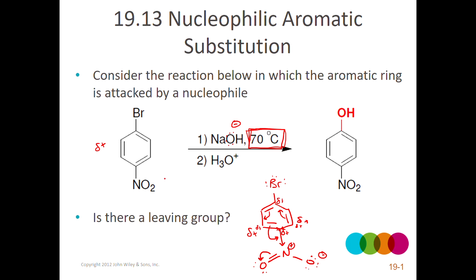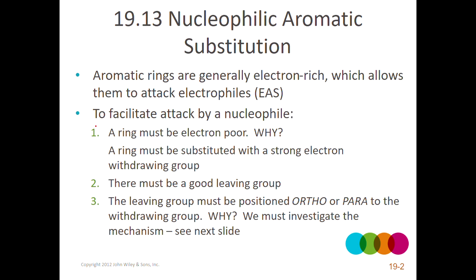And specifically, when the nitro is ortho or para to the leaving group, that creates a situation where the resonance involved in the nitro pulls electrons away from the carbon that the leaving group's attached to, and that's a key thing. That is going to create some partial positive there to attract in the nucleophile. So that is criteria 1. The ring must be electron poor.